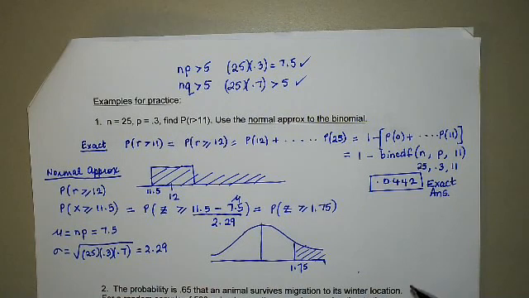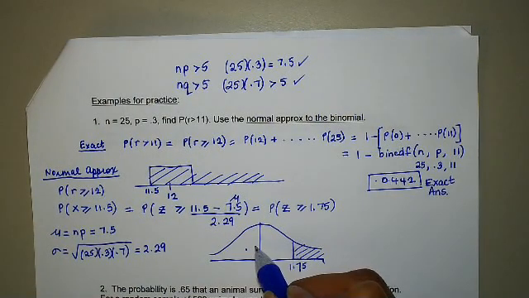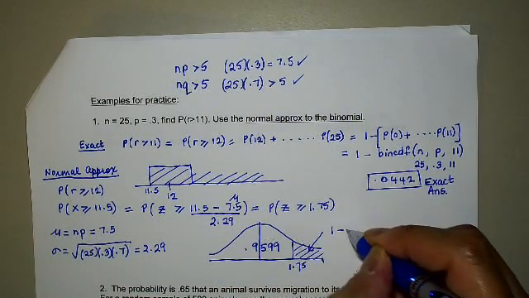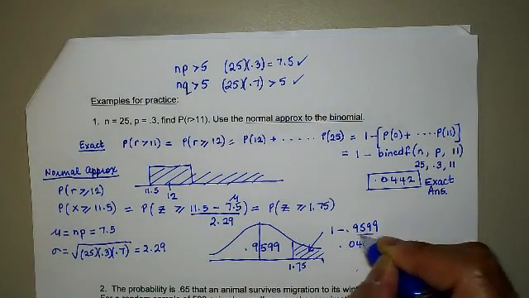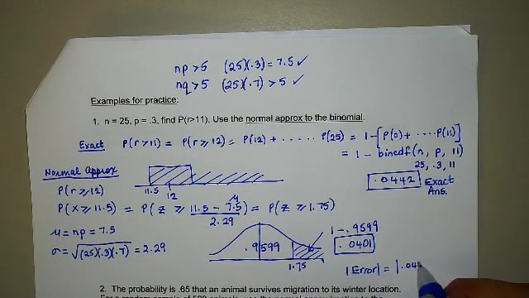So then I go to my z. I go to 1.75. I'm interested in that area. So can we look up 1.75 on the z table? What do we get? 0.9599. So then this part would be 1 minus 0.9599 or 0.0401.